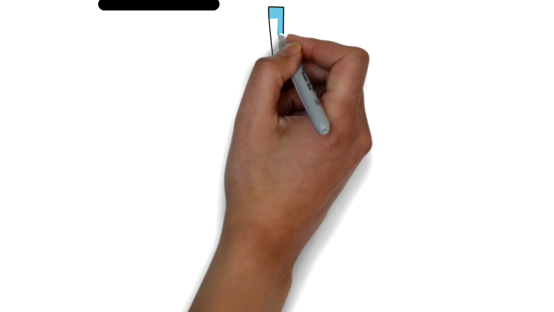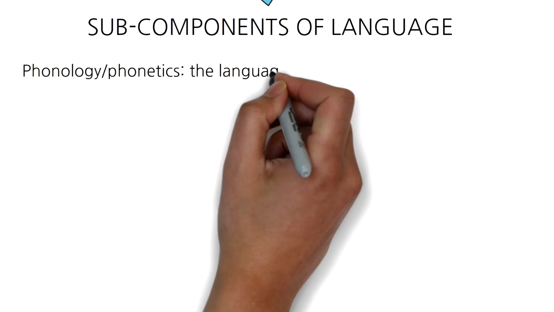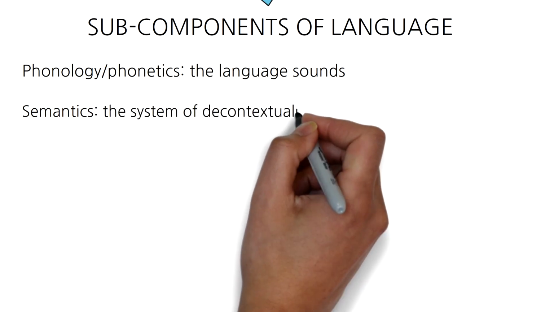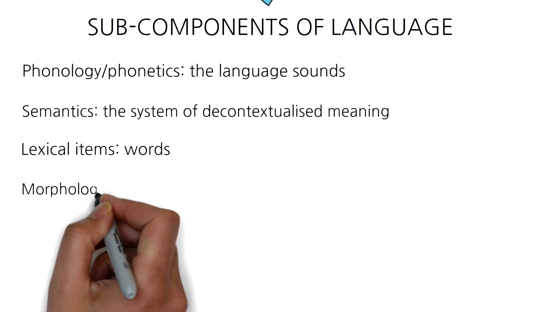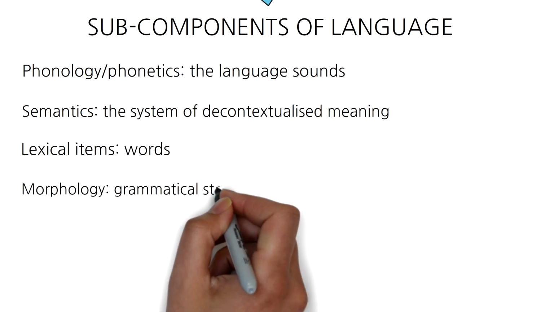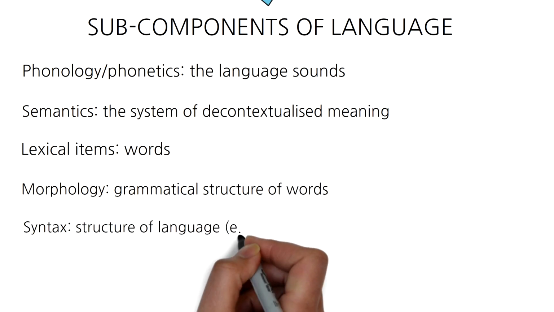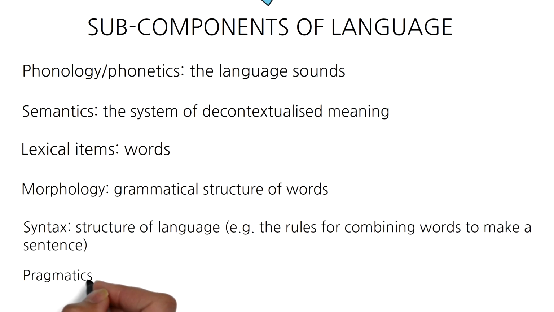There are several subcomponents of language. There's phonetics, this is the sounds of the language. Semantics, which is the system of decontextualized meaning. Lexical items, which are words, so for example mapping between form and meaning. Morphology, which is the grammatical structure of words. Syntax, which is the phrasal structure of the language or rules for combining words into sentences.